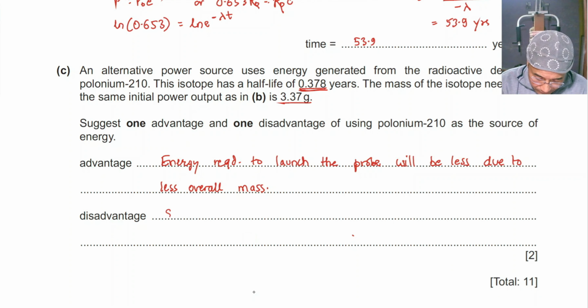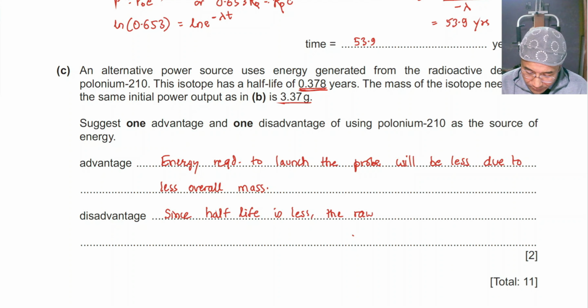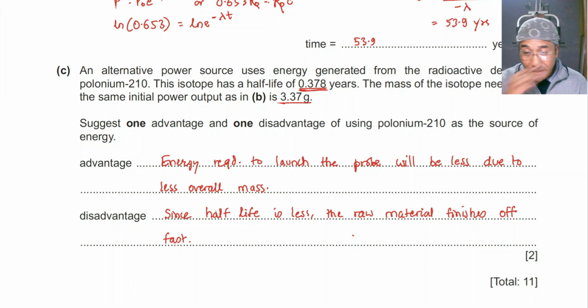Since half-life is less, the raw material finishes off fast. So we have to replenish them frequently. That is the main disadvantage of this thing. So this is the solution to this question of these 11 marks.